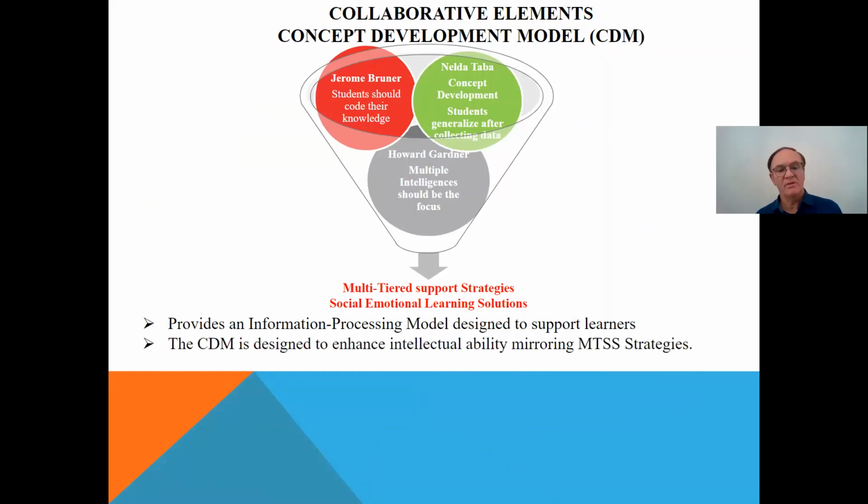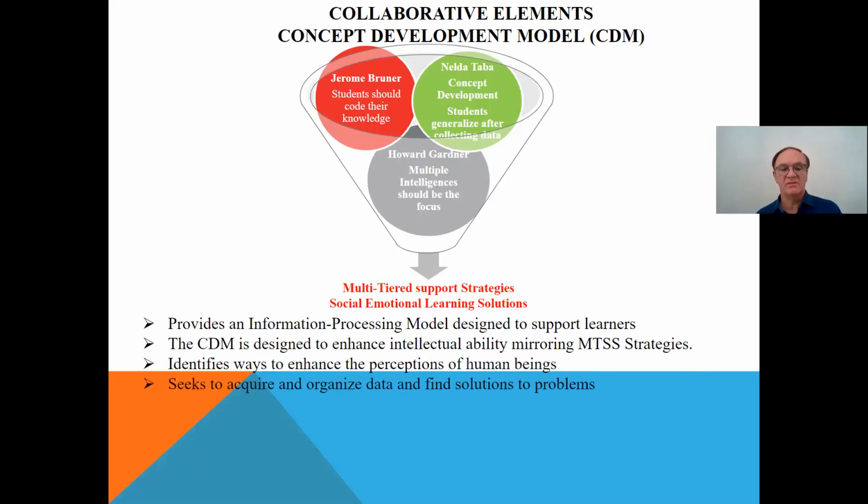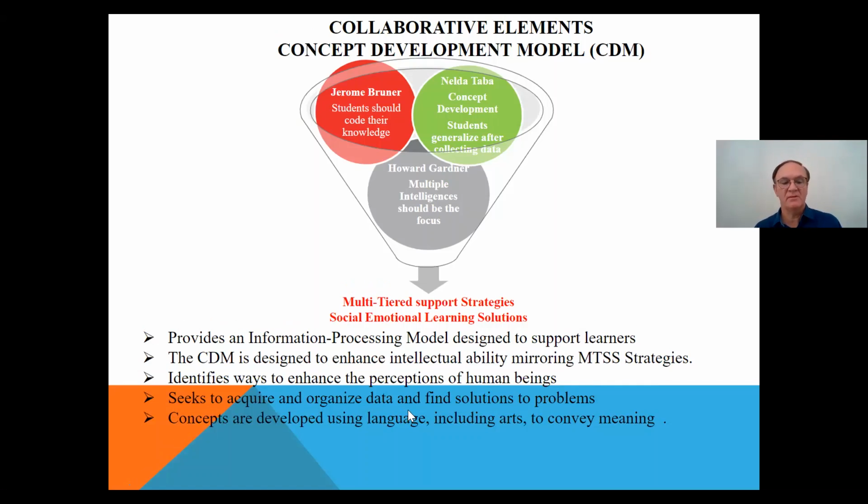What they have in common is that they are designed to enhance intellectual ability, mirroring MTSS strategies. They identify ways to enhance perceptions of human beings, and they seek to acquire and organize data to find solutions to problems. These concepts are developed using language, including arts, to convey meaning.